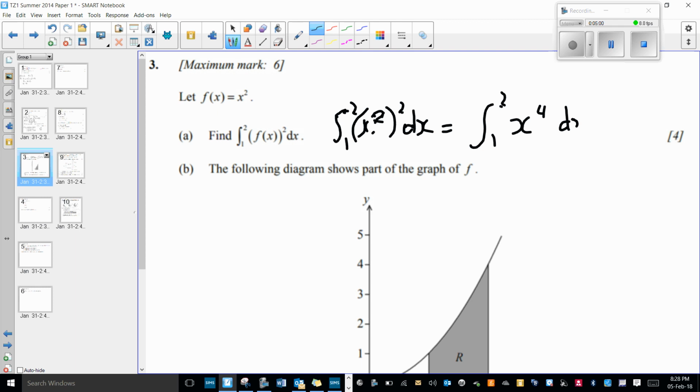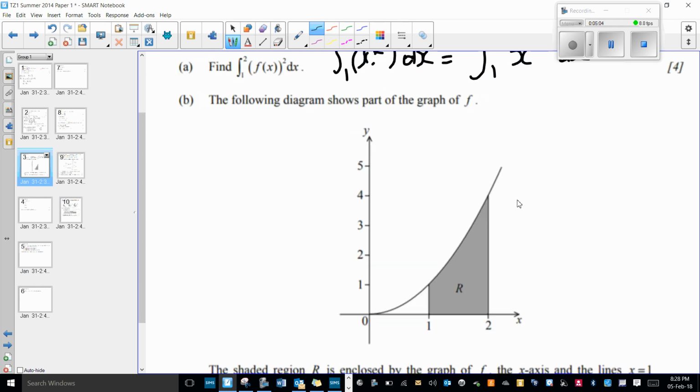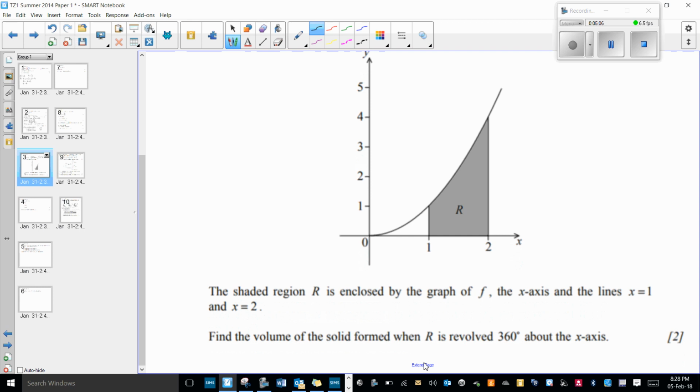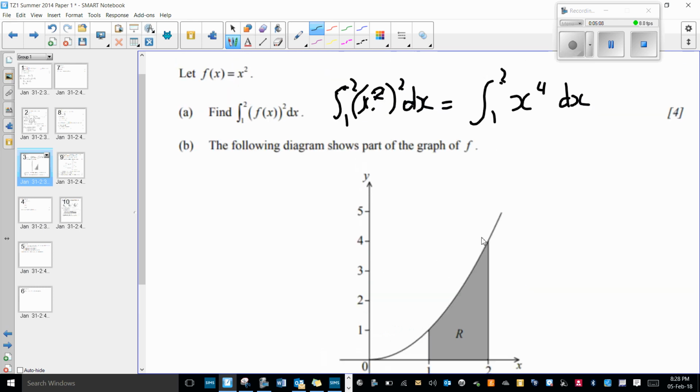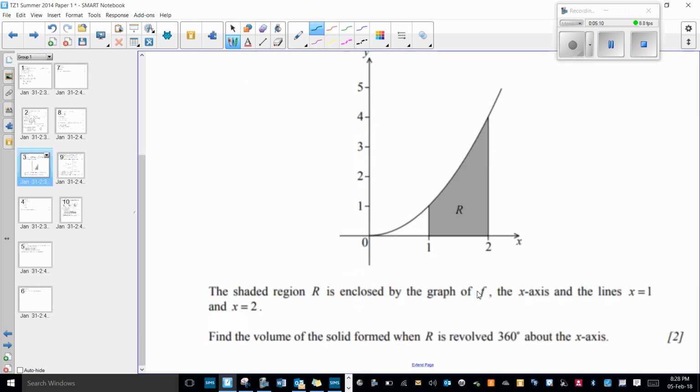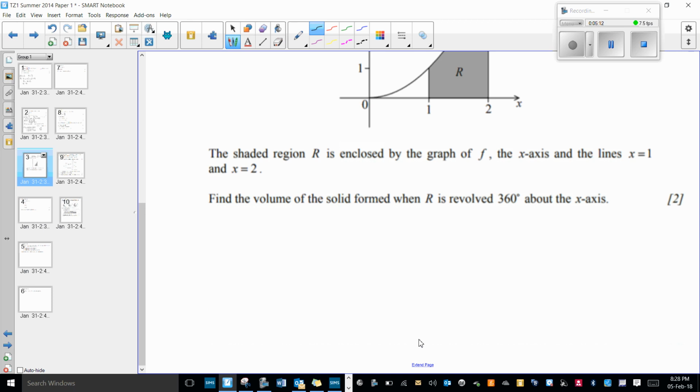So once that's now established, I'll move down here a little bit, because I haven't got enough space. So we're finding a definite integral between 2 and 1 of x to the power 4. So we can actually integrate now, so we know we add 1 to the power and divide by the new power. So it becomes x to the 5 over 5 between 2 and 1.